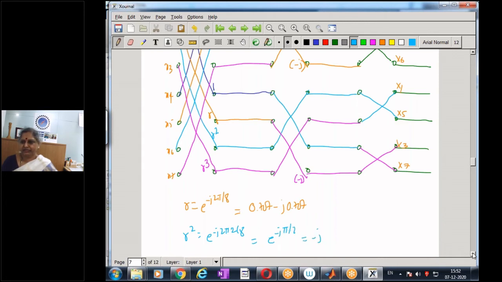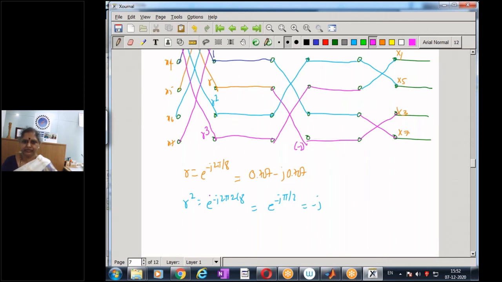And next we have gamma cube, given by e power minus j 2 pi 3 by 8, and that is minus 0.707 minus j 0.707. The circle that we imagine, the gamma is lying on the circle.